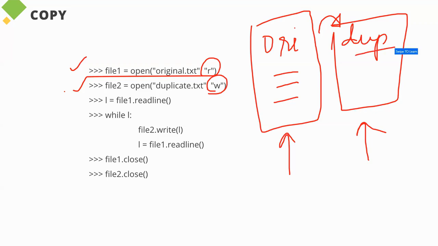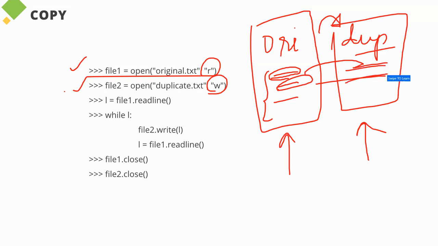This is an empty file, right? I am reading each and every line with the readline method and writing it into the other, reading a line and writing it until file1.readline returns nothing. Until the last line I am reading the file and writing it.